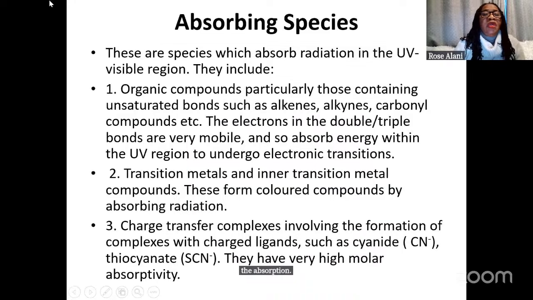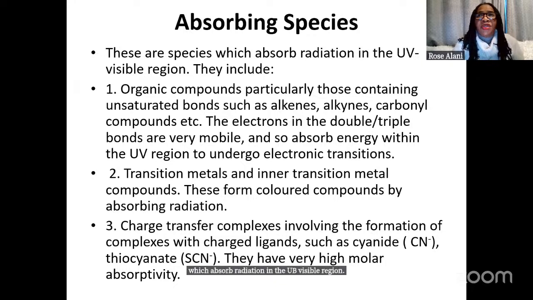So, what are the absorbing species? These are species which absorb radiation in the UV visible region. I showed you the UV visible region between 400 and 700.